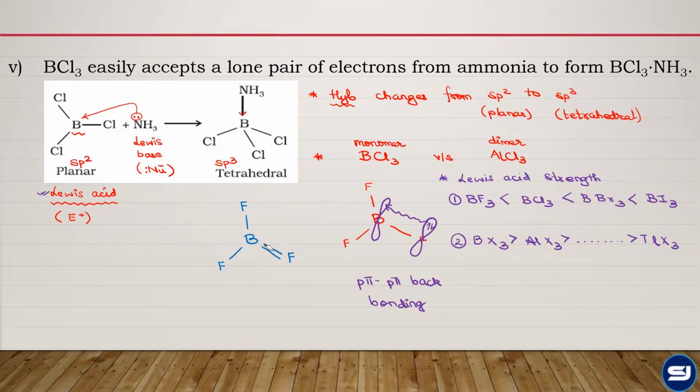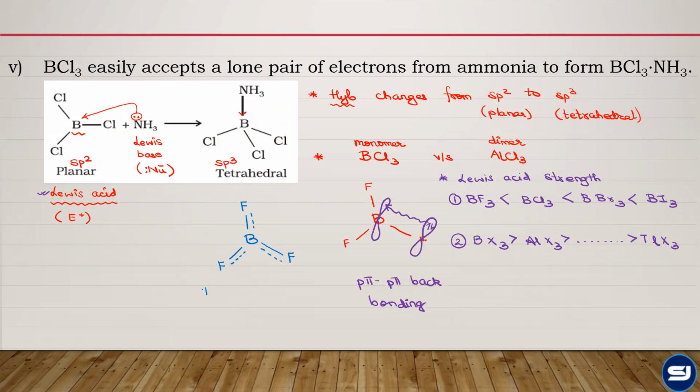So overall this pi electron is not fixed at its place, it is distributed between the 3 BF bonds, and that is why BF3 exists as a resonance hybrid in which one pi bond is distributed between the 3 BF positions.